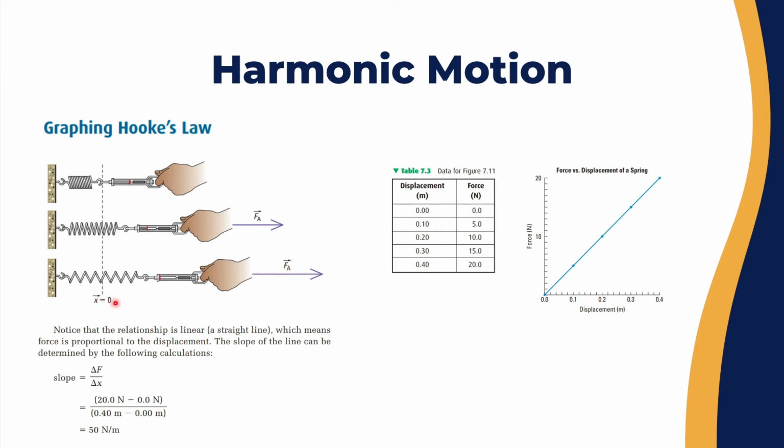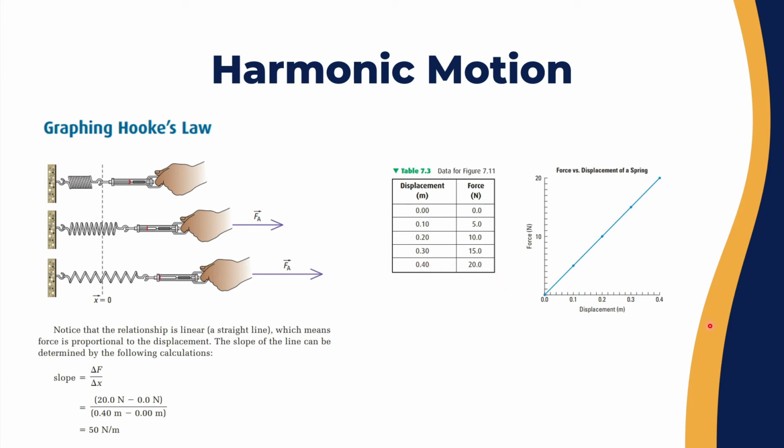The displacement was changing. If you draw a table, for each moment the displacement is changing and the force is changing. Let's say at 0 displacement you had a force of 0. At a force of 5 newtons you had 0.1 displacement. At a force of 10 you had 0.2. At a force of 15 you had 0.3. At a force of 20 you had 0.4.